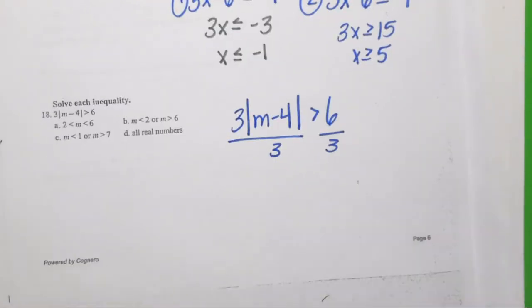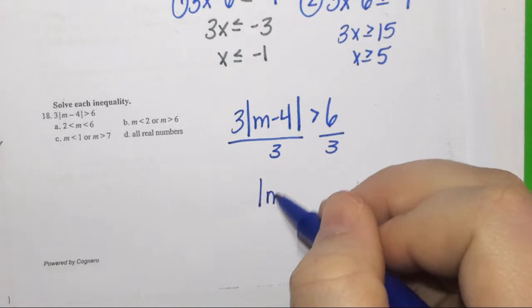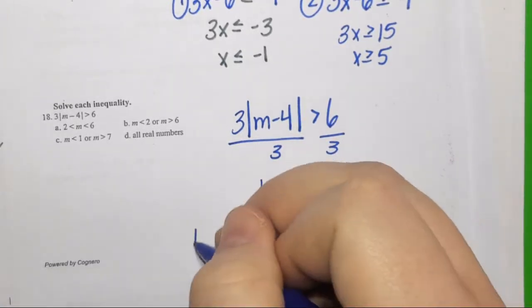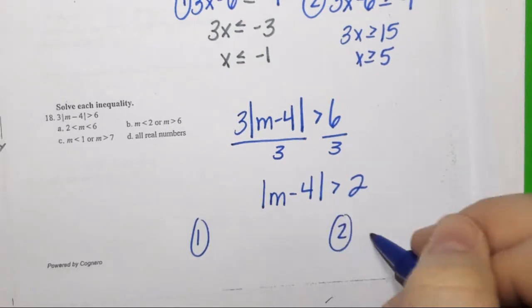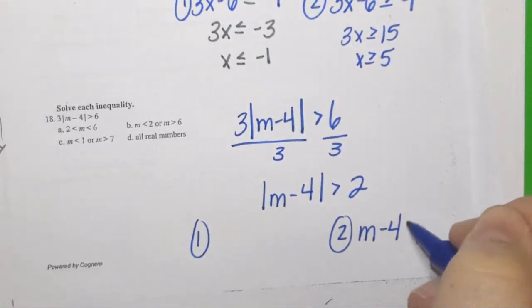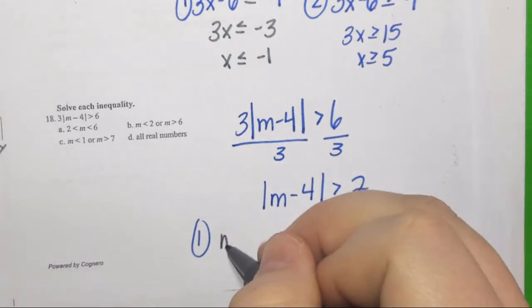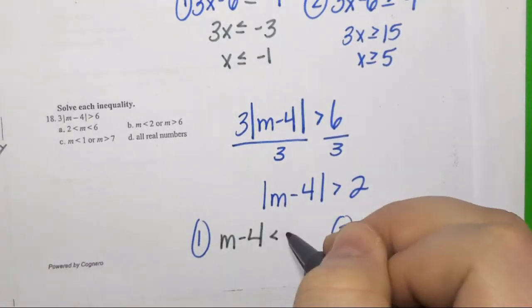I divide everybody by 3. I have absolute value m minus 4 is greater than 2. Again, I've got to consider 2 cases in life. It might be m minus 4 is greater than 2. However, it might also be m minus 4 is less than -2.